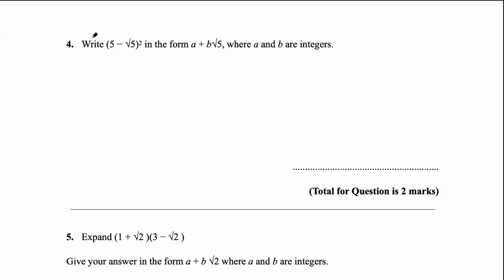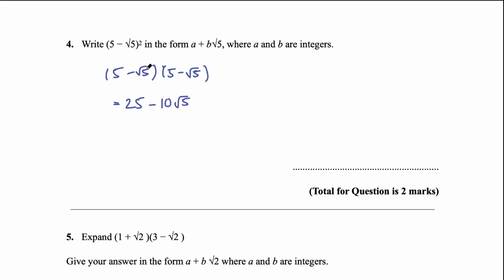Okay, so expanding these brackets out, I would write them as 5 take root 5 times 5 take root 5. And then first, outers, inners, lasts. 5 times 5 is 25. Then in the middle we'll have negative 5 root 5 take negative 5 root 5, which would be negative 10 root 5.